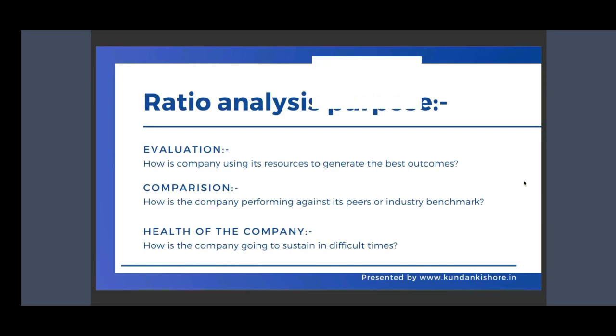So relative valuation is relatively easier than intrinsic valuation, and that's why this is quite famous.